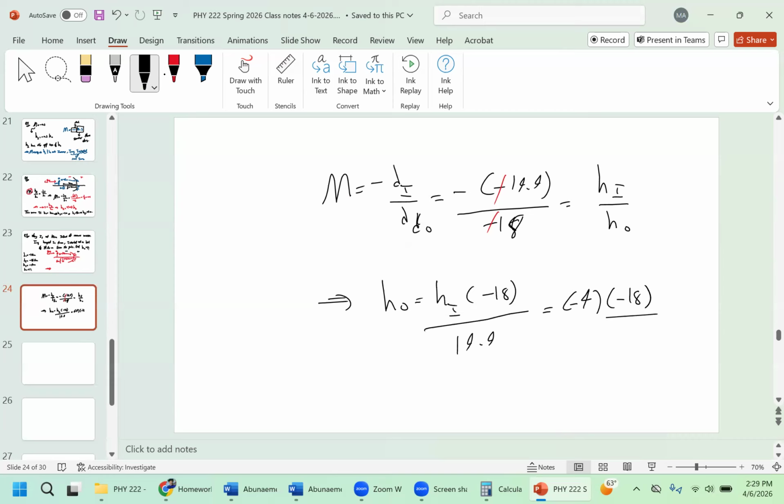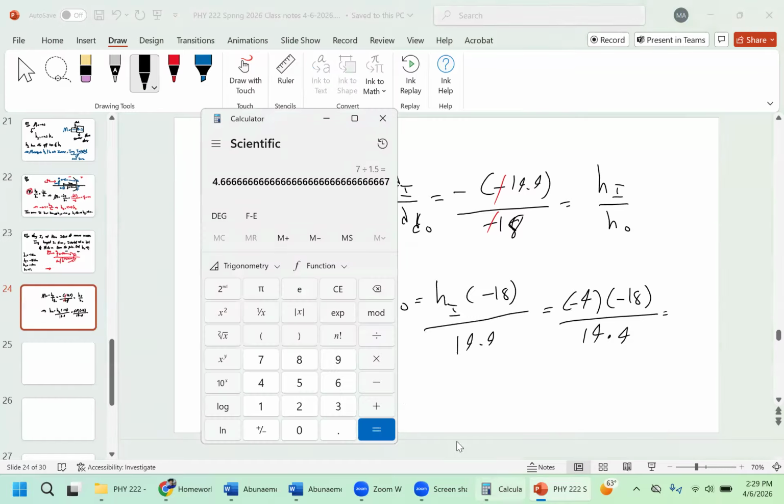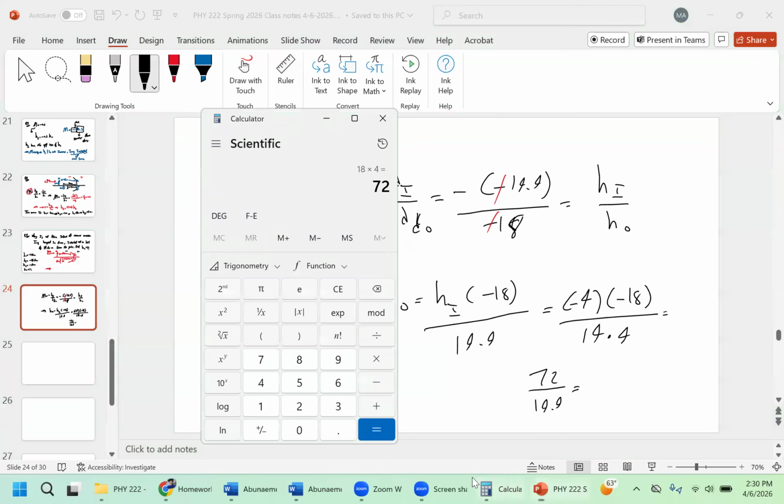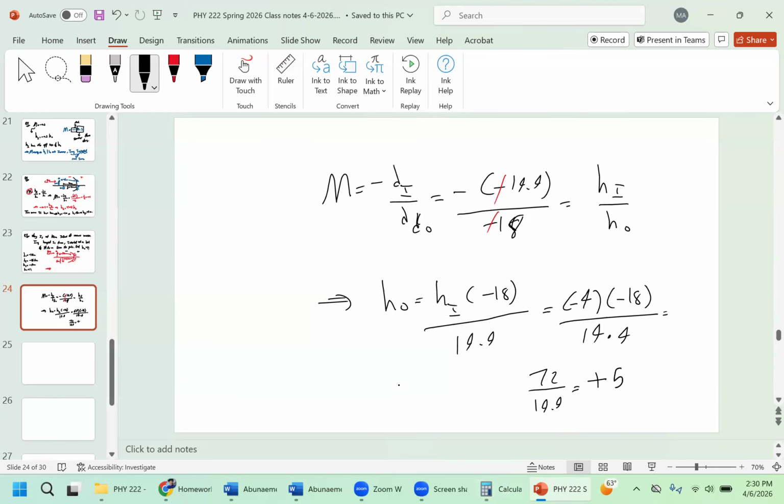That's negative 18 over 14.4. And you should get, what's 18 times 4? I should know this. 72. So it'd be 72 divided by 14.4. And we got plus 5 centimeters.